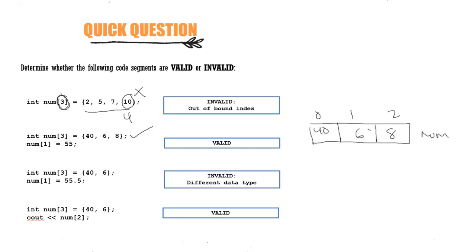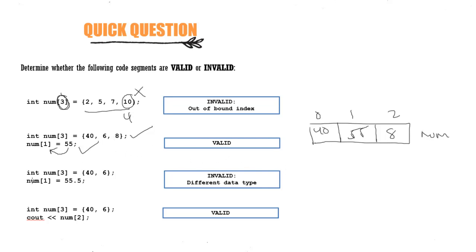The next line, num[1] = 55. Although there is a data here, it can always be replaced. So I want to put 55 inside the location, index 1. Since there's an element here, this will be replaced with the value 55. So this is also valid.